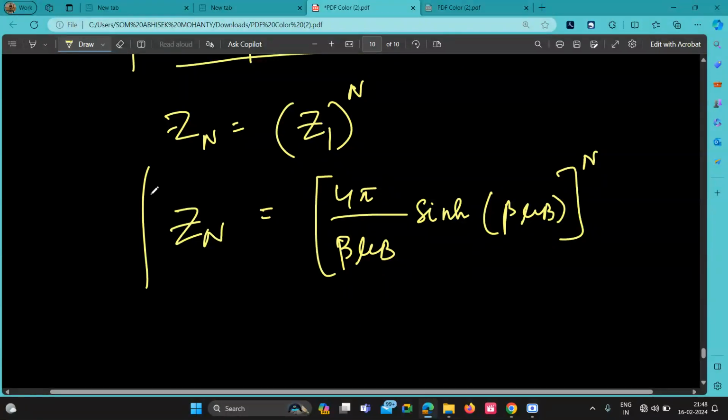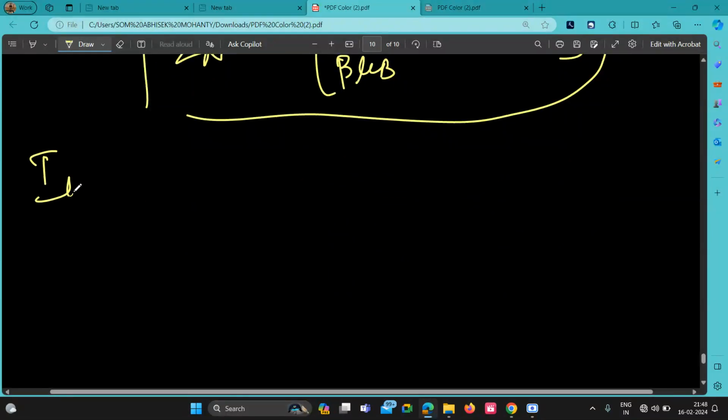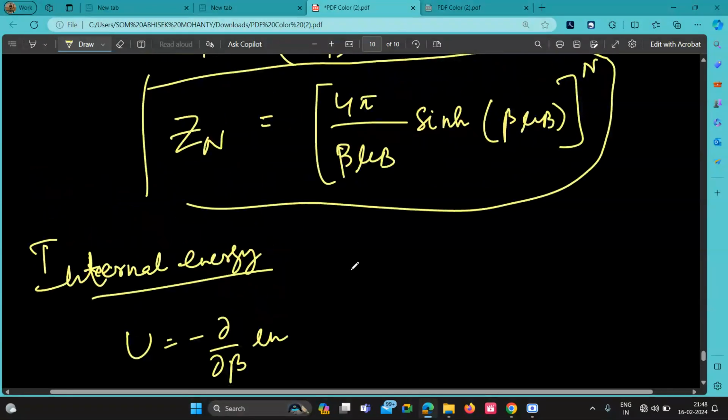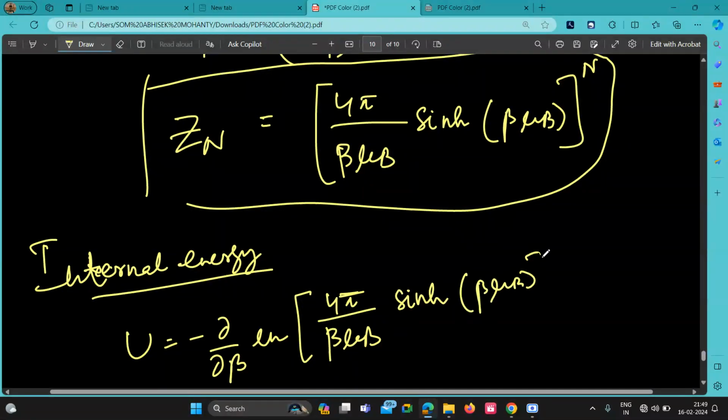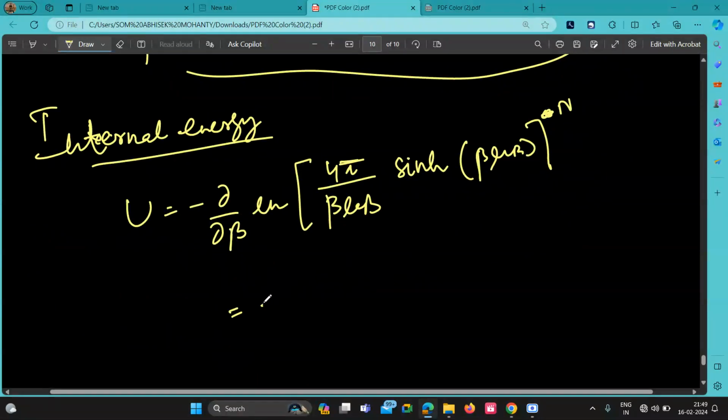Now what is our next job? What is the next job? You try the internal energy, right? Internal energy U is equal to minus del by del beta of ln of this one, 4 pi by beta mu b sine hyperbolic beta mu b, to the power n, so minus n del by del beta of this one.